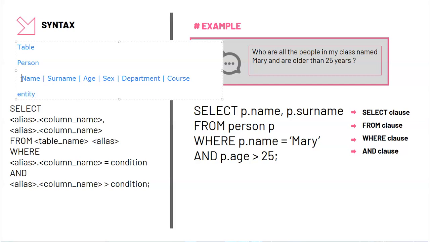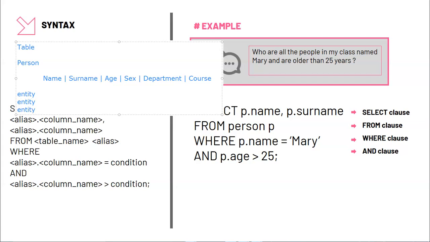So this is a row now. Entity name, entity surname, entity age, entity sex, entity department, entity course, for any number of entities. So I can have another entity here, and another entity here.